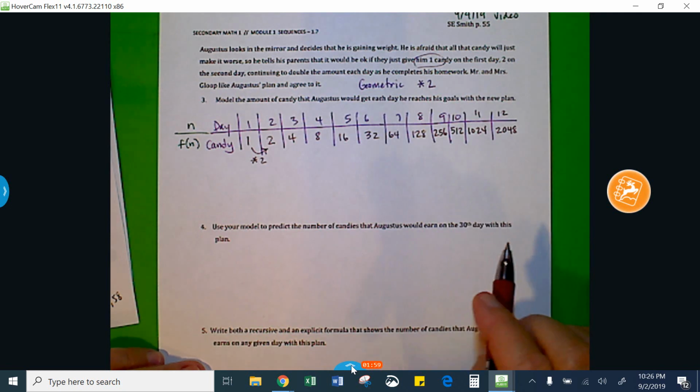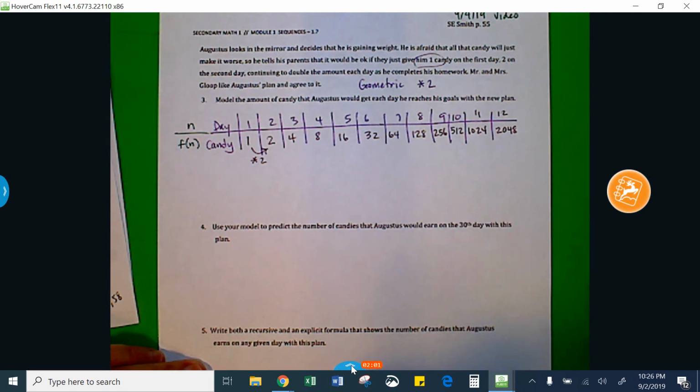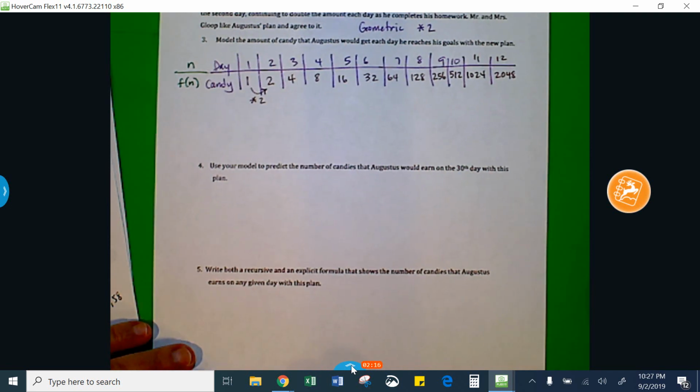That is a lot. So that's one way to model, is to make a table. We could do a graph. We could do equations. We could talk about it in words, which we've already done. Actually, question 5 asks us to put together equations for this. So maybe we could go ahead and think about what these equations would look like.